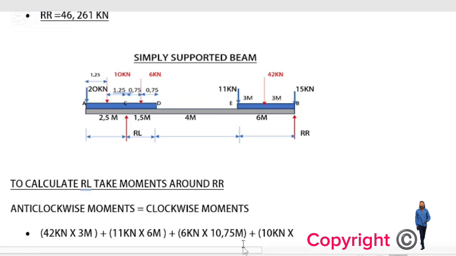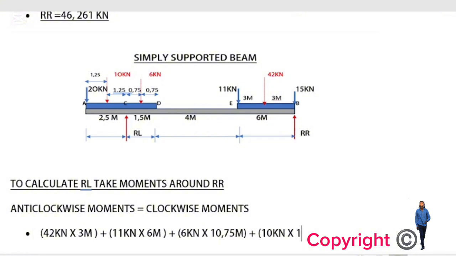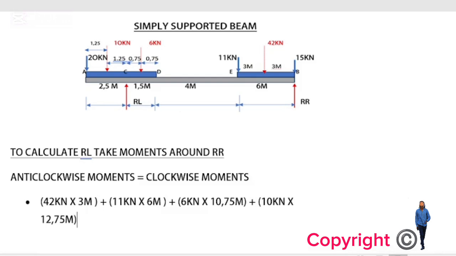The distance of the 10 kilonewton will be 11.5 plus 1.25, which is 12.75. Yes, this is 12.75 meters.